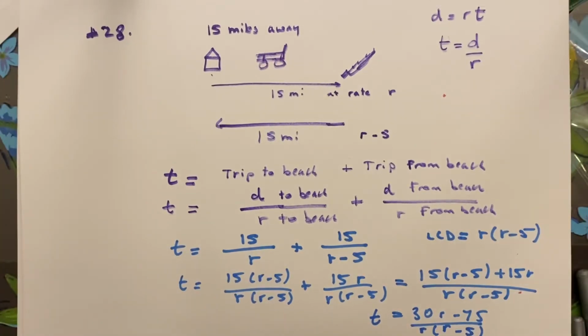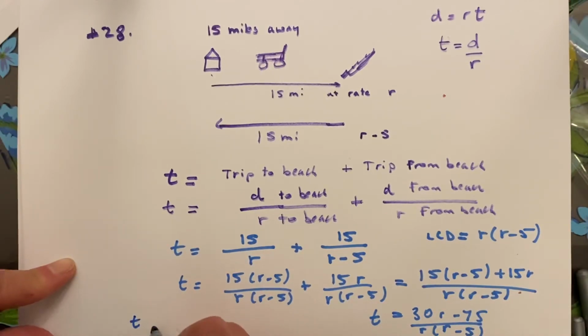So I've answered the first portion of this. The second part says find the total travel time if you bike to the beach at an average speed of 15 miles an hour. In other words, they're giving you what R is. So what is T if R equals 15 miles an hour?